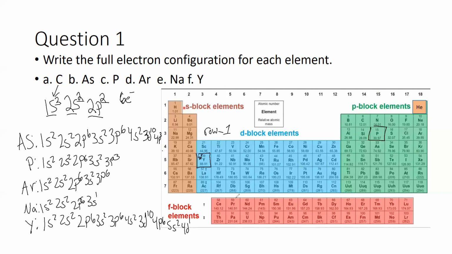F block is just odd. It starts right here, so 57, 58, then 89, 90. So F block is supposed to be inserted here. But yeah, don't worry about the F block. Just know how to read the periodic table for S, P, and D. We'll be good.